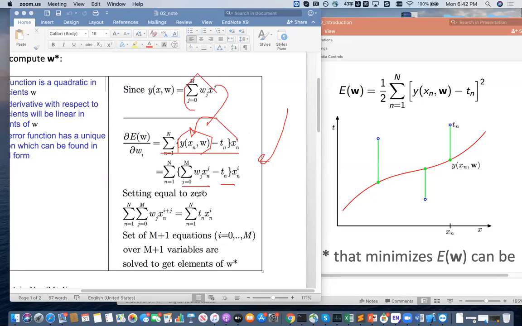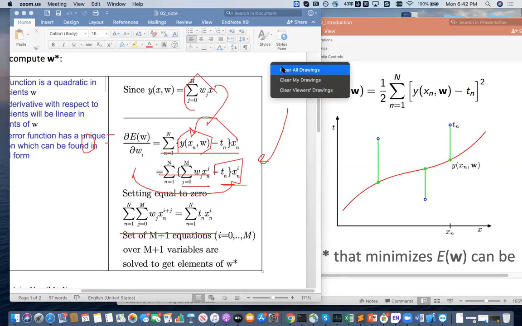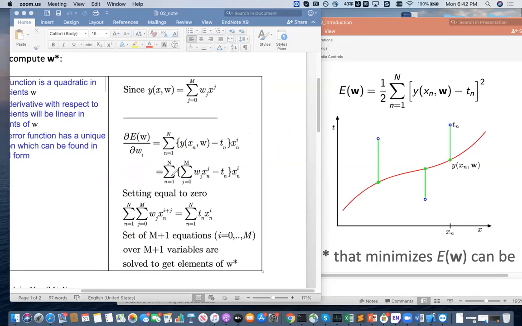Then the second thing is you set it to 0. When you set it to 0, you can move this minus term to the right-hand side, so basically this part is equal to this part. So we get this. Of course, this summation should be associated with both sides, okay?